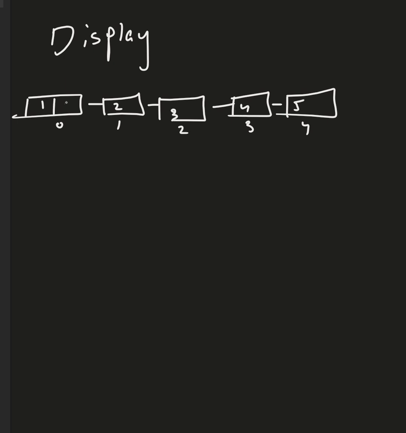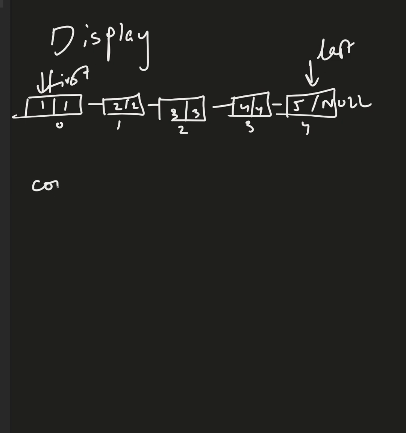Here the pointer of 0 will be at 1 because it's pointing at 1. For 1 will be at 2, 3, 4, and because 5 is pointing nowhere, this will be null. Right now my last pointer is here and my first pointer is over here.